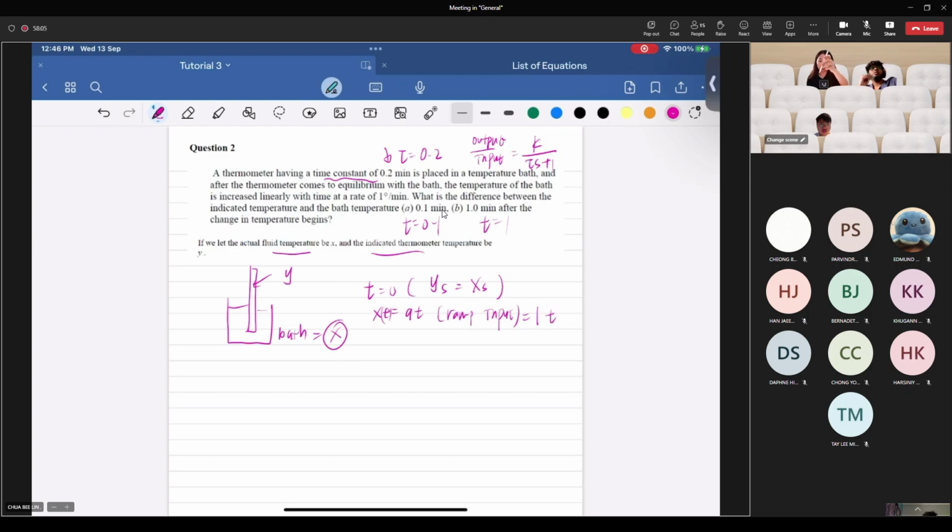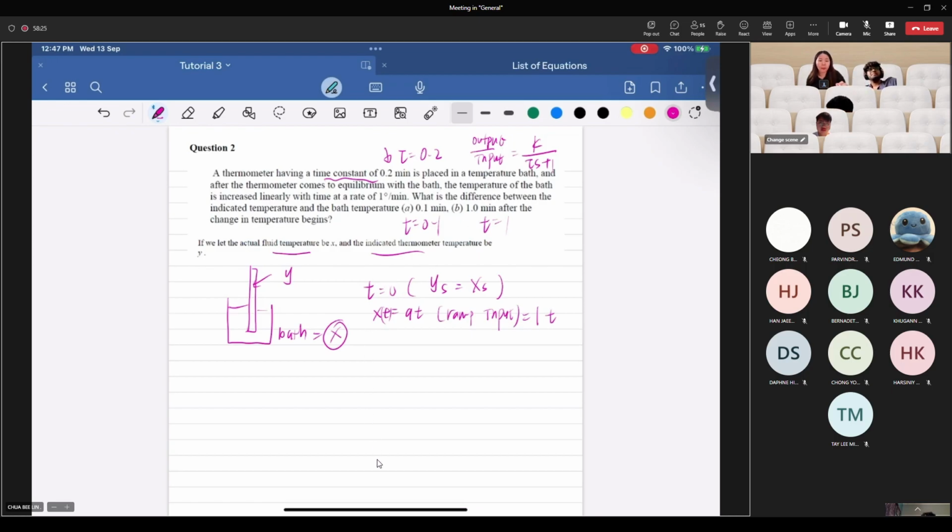Because you put your thermometer in the water bath, at steady state the thermometer reading must be the same as your water bath reading. If not, then your thermometer is spoiled already.